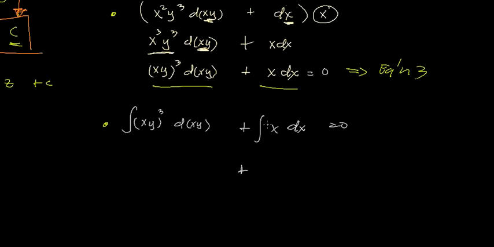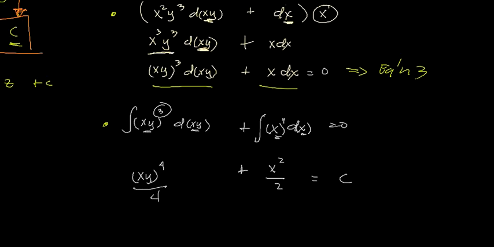We have x dx, wherein x is raised to 1. By integrating, we have x to the 1 plus 1, which is 2, all over 2. Going back to this part, we have xy raised to 3, so we have (xy) to the 3 plus 1, which is 4, all over 4. Did you get it? And then our plus c.